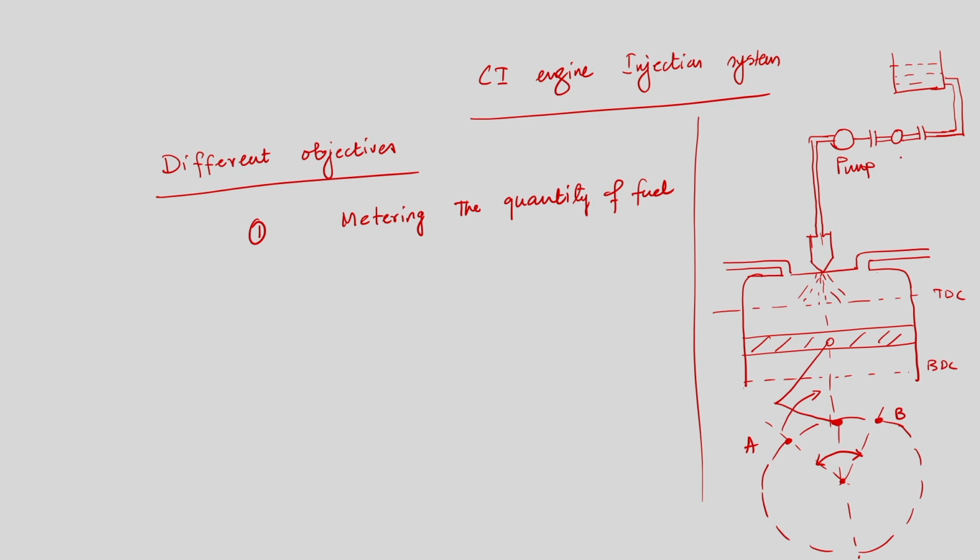This is pump 1, that is the low pressure pump, this is pump 2, that is the high pressure pump, these are the strainers, this is the reservoir, and this is the fuel supply line. Right. Now, point A.